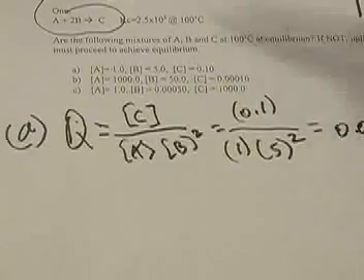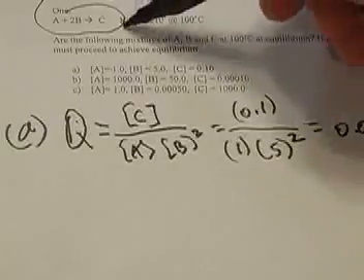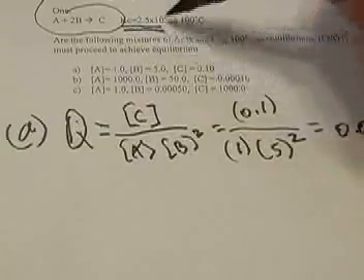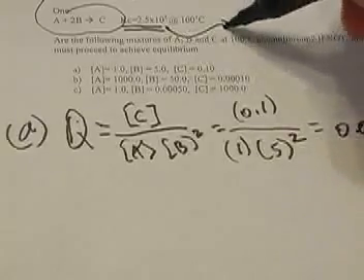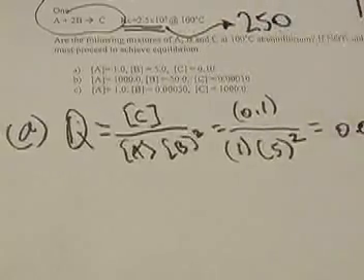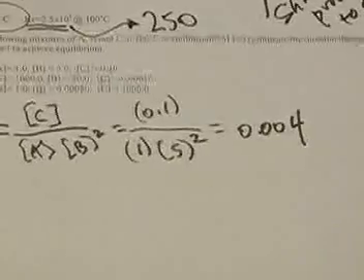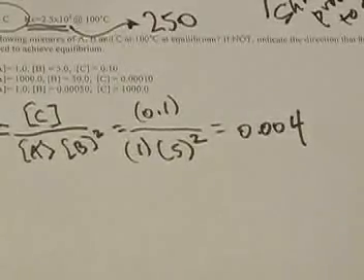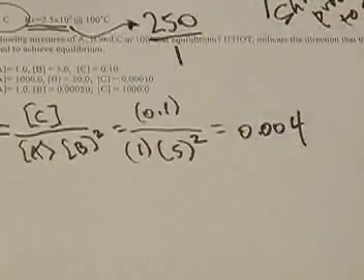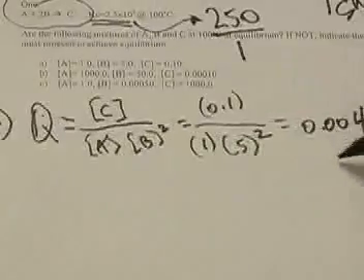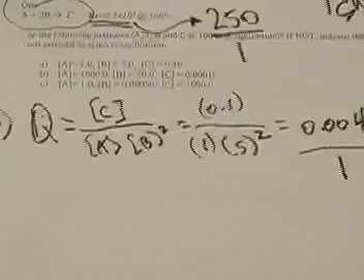And it tells us up here in the reaction that K sub C, or the equilibrium constant, is 2.5 times 10 to the second, or you could write it as 250. So, which way does the reaction have to shift? Remember, you can write the equilibrium constant as a fraction, 250 over 1, and you can write Q as a fraction, 0.004 over 1.